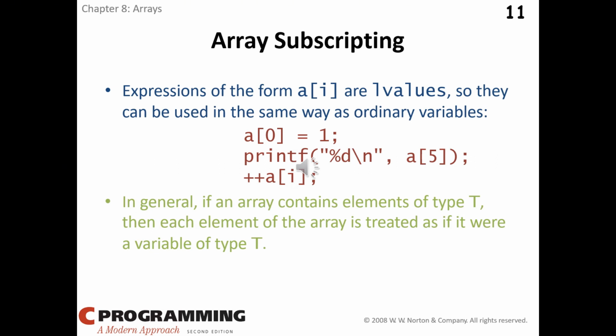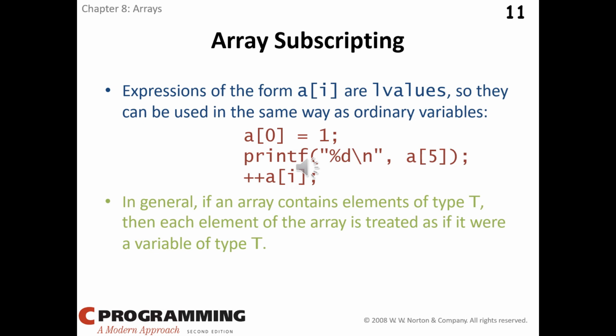We can also print out the value of an array element using printf, just like showing off our Lego to our friends. So printf with the specifier %d and a[5] is like saying, hey, tell everyone what's in the 6th piece of our tower.